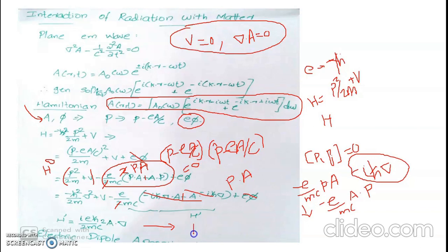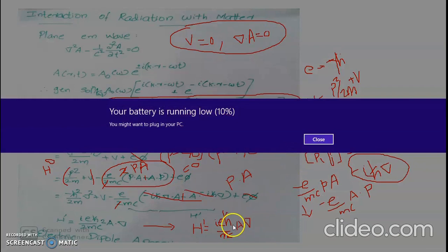As a consequence of this, there occurs a modification for the Hamiltonian of the system by an amount equal to i e h cross divided by mc into A dot grad, where A and grad are operators. Grad has to operate over the parameter that is to follow it.